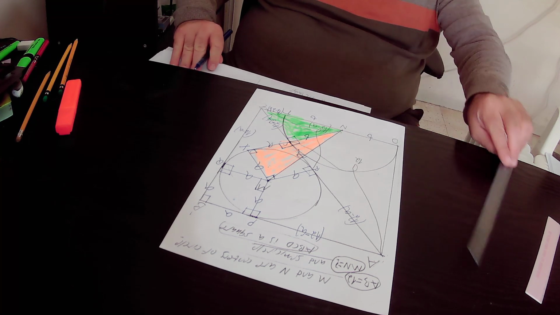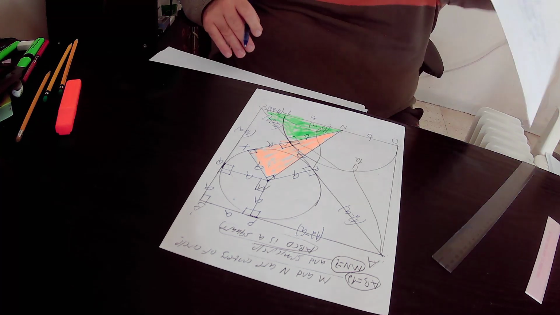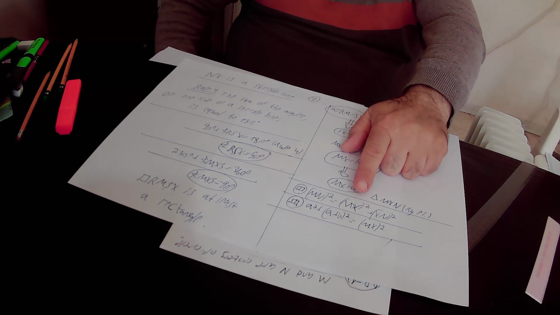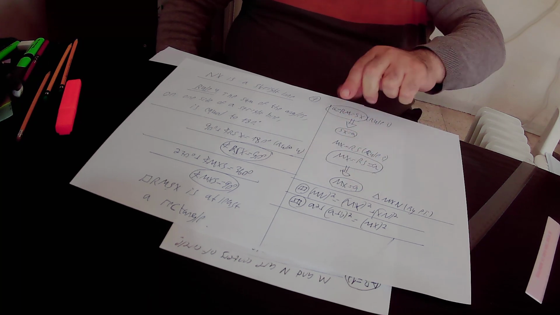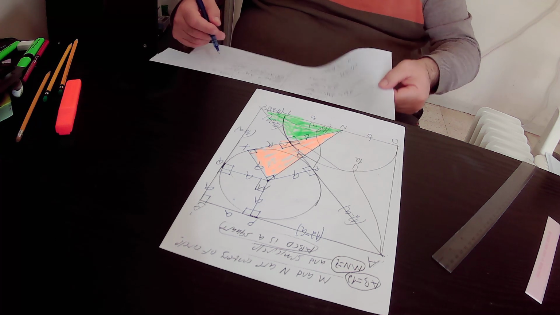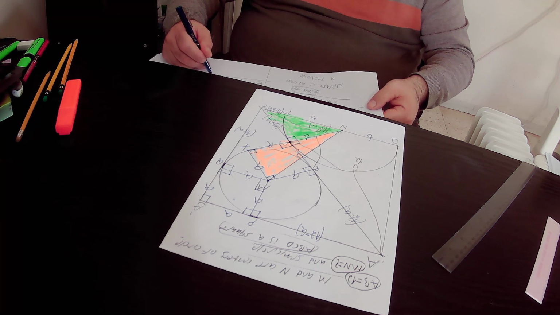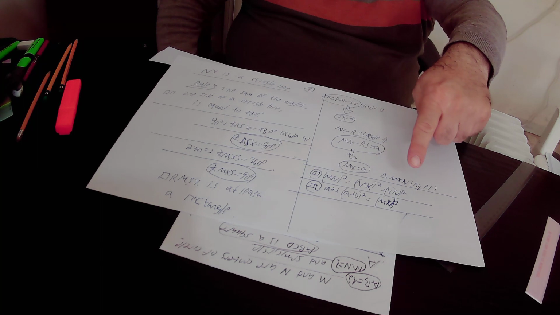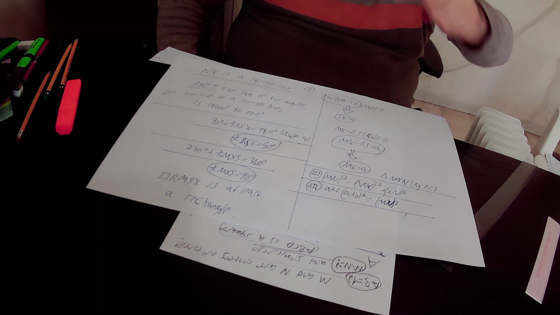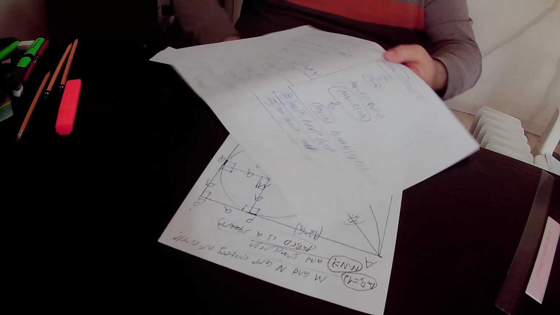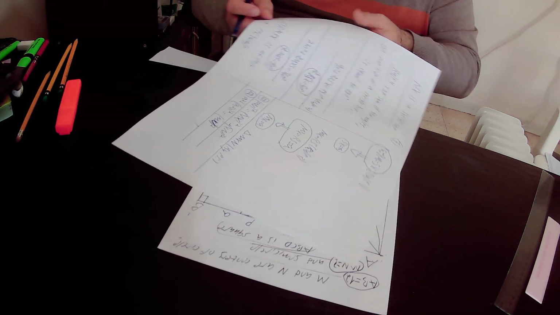So we found out that according to equation number 3 in the Pythagoras theorem, A squared plus (A plus B) squared equals MN squared. This is the square of the hypotenuse, MN squared. We have already found out that A equals 12 minus 6 times square root of 2.